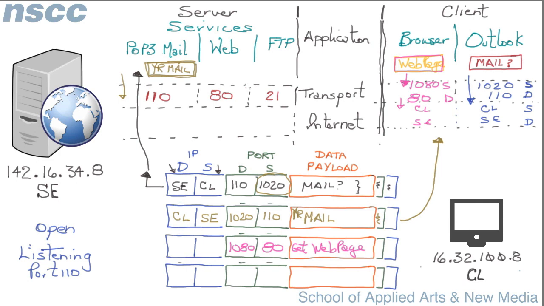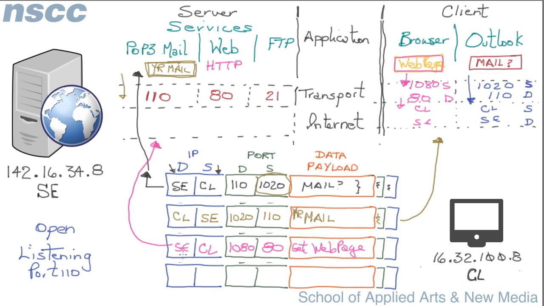It's just an HTTP request, and HTTP uses port 80. The source address is CL, this number here. The destination is SE. And so this also gets sent to the same network card.